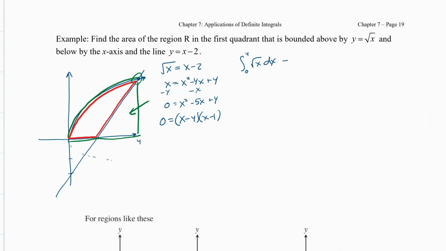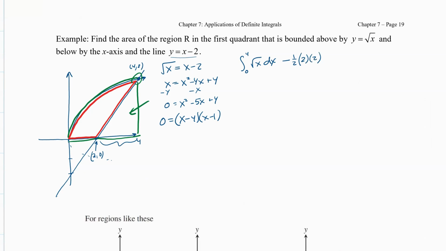And then maybe we subtract out, again, that triangle, which is 1/2 the height. This width is probably 4, 2. I think this goes to the point (2, 0), because (2, 0) is on that line. So that triangle is 1/2 times 2 by 2.